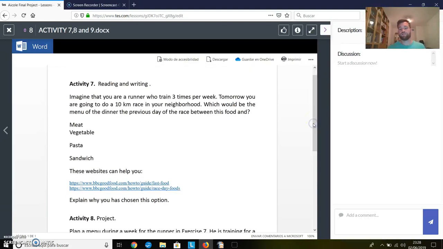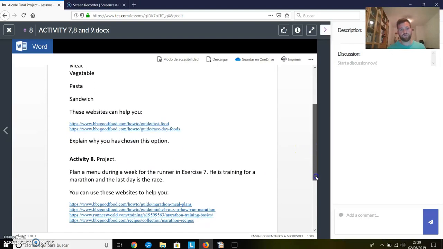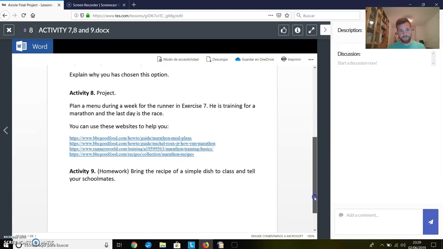Activity 7: they have to read this short test and decide one of these options. But first, they can help themselves by looking at these websites. In activity number 8, they have to elaborate a menu for a week for a runner, and they can use these websites.